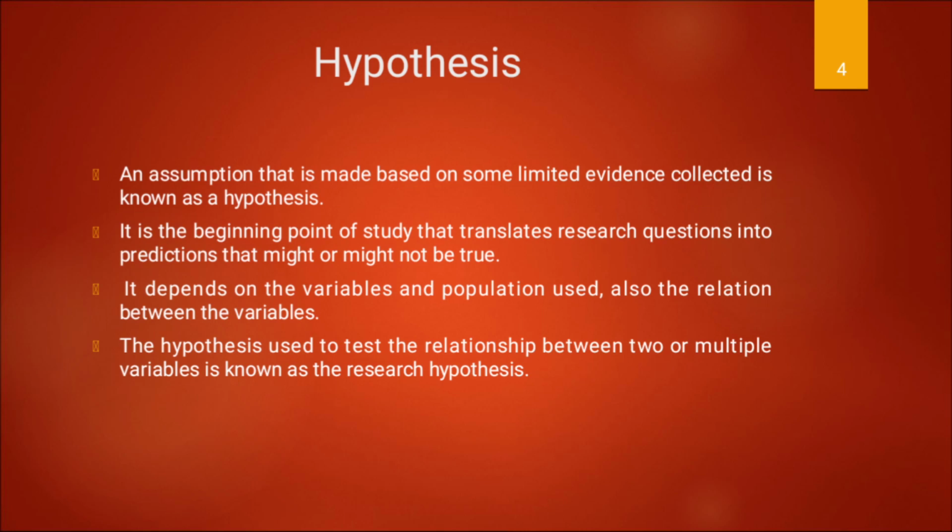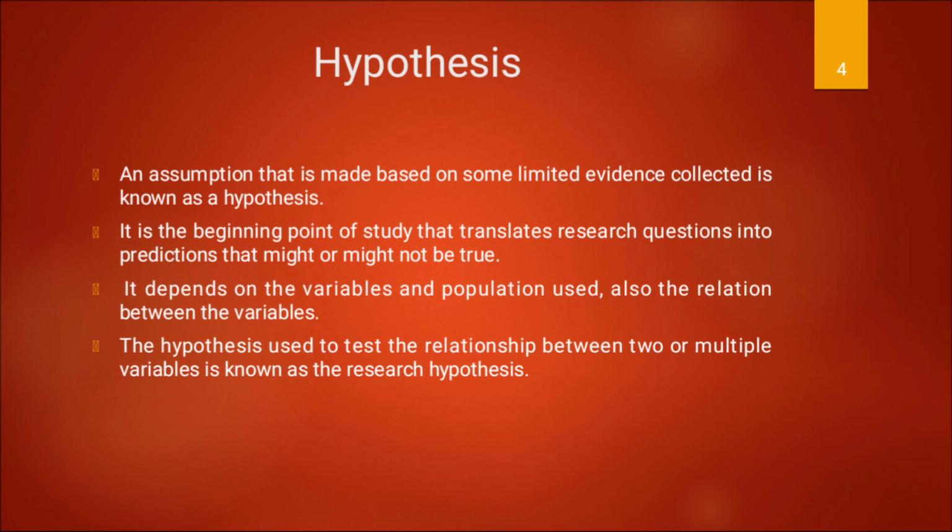A hypothesis is made based on some limited evidence collected. It is the beginning part of the study that translates research questions into predictions that might or might not be true.